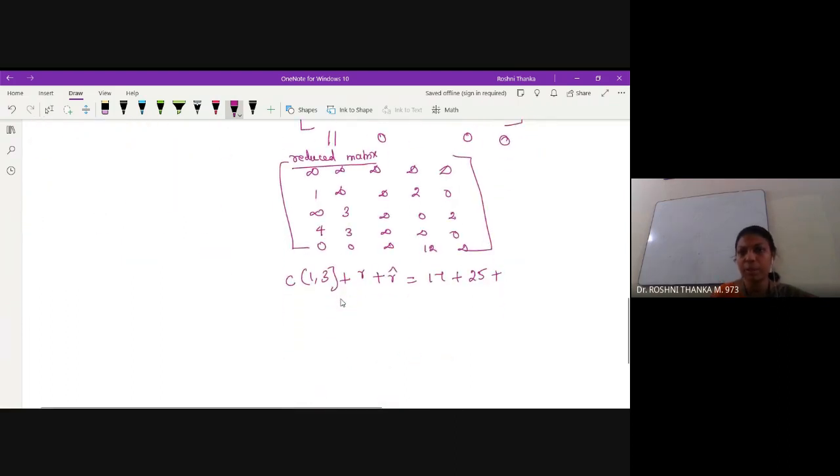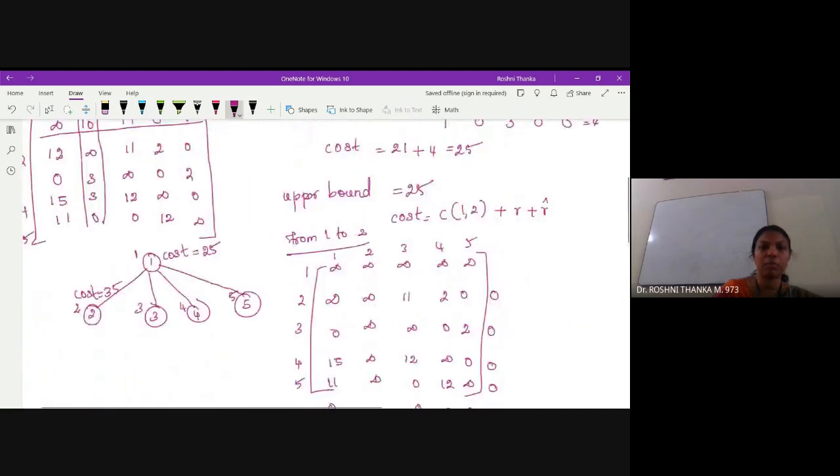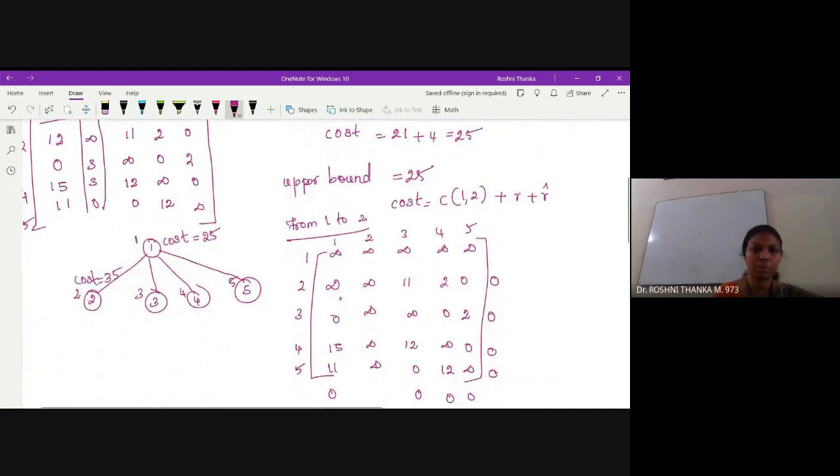So the reduced cost this time is 11. When we add all this, we get the answer 53. So now we got the cost of moving from 1 to 3 as 53. Here we can write the cost is equal to 53.